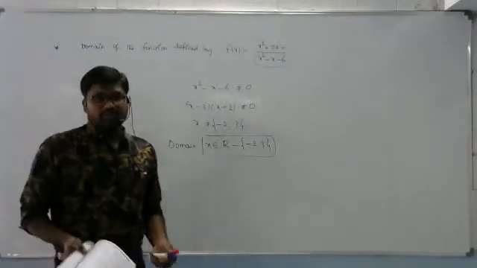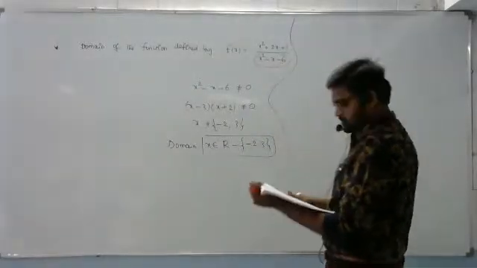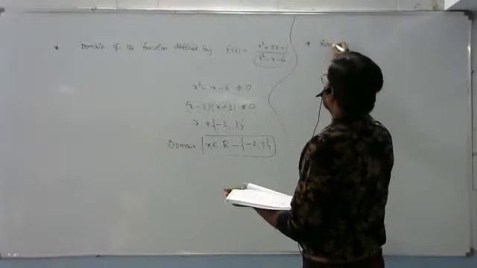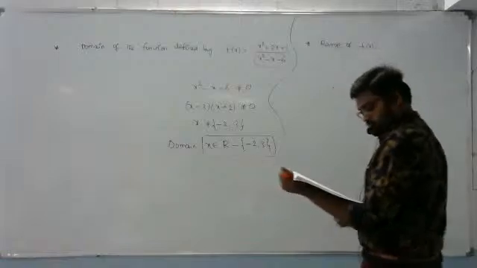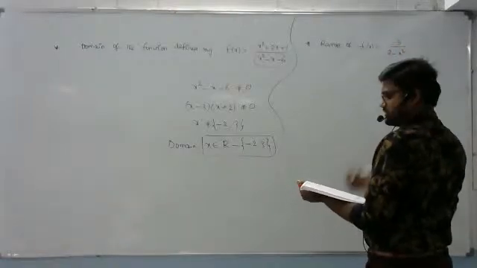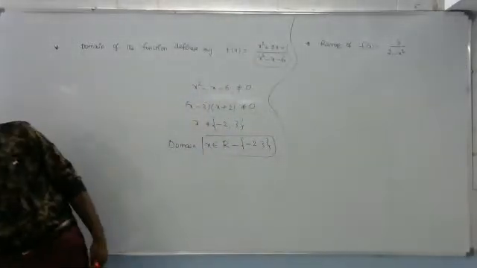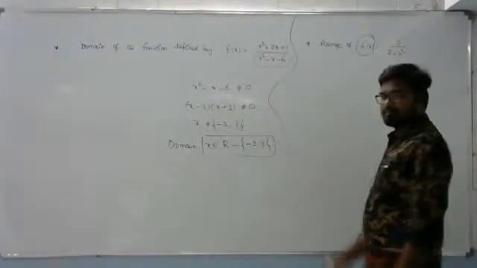Let us try to look at solving range of a function. I already told you, depending on the question, you have to find the range. Range of f of x equal to 3 by 2 minus x square. See, I already told you, range means I have to find the f of x values.